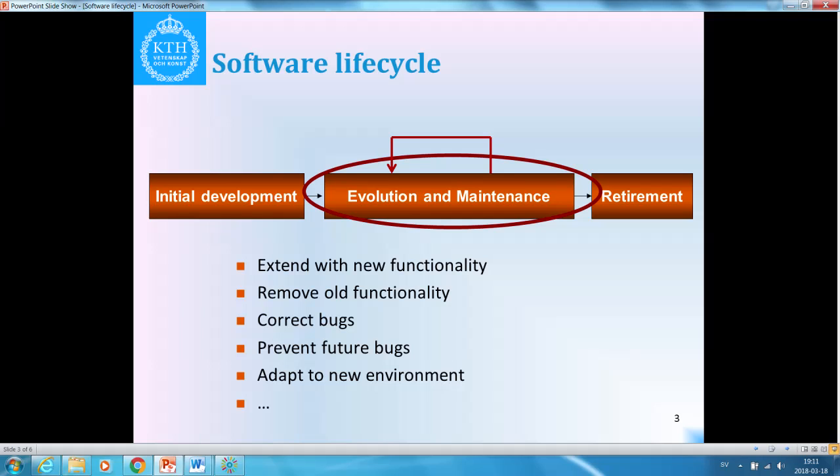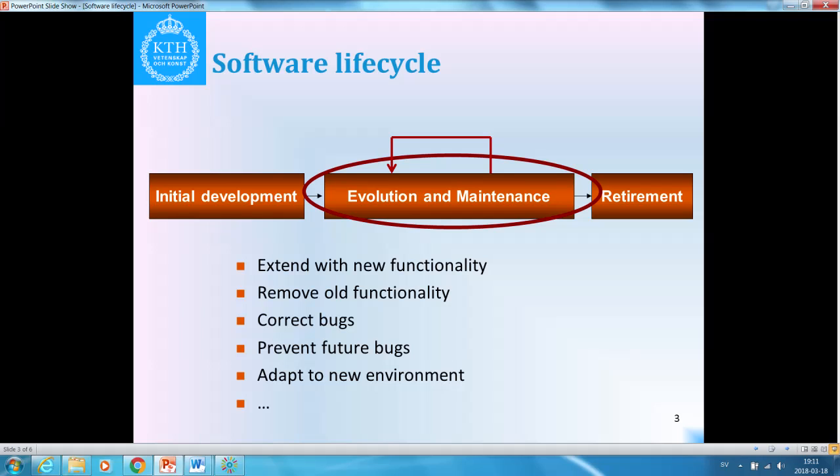Sometimes you may see that there are bugs. They have not been exposed to the customer's eyes, but you can attend to them by removing them before they are encountered by the customer. So you prevent the bugs. And you may adapt your software system to new environment, like to new hardware environment for a cell phone, let us say.